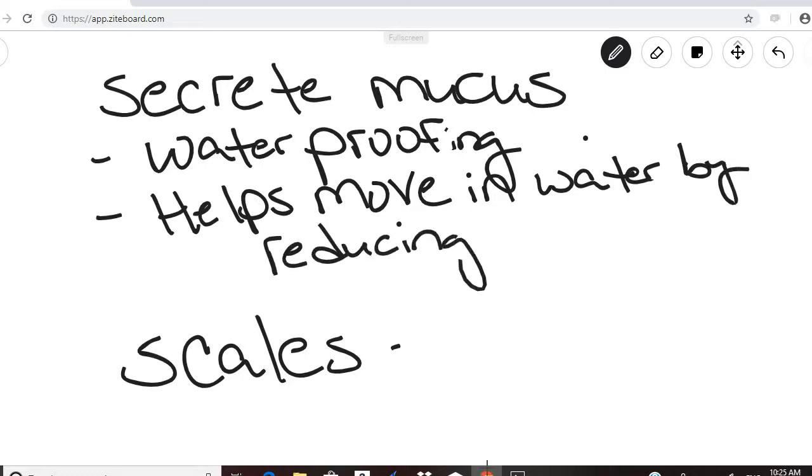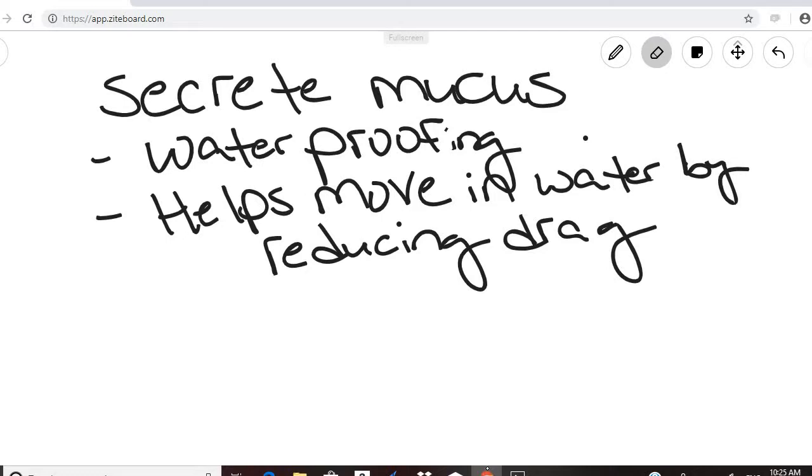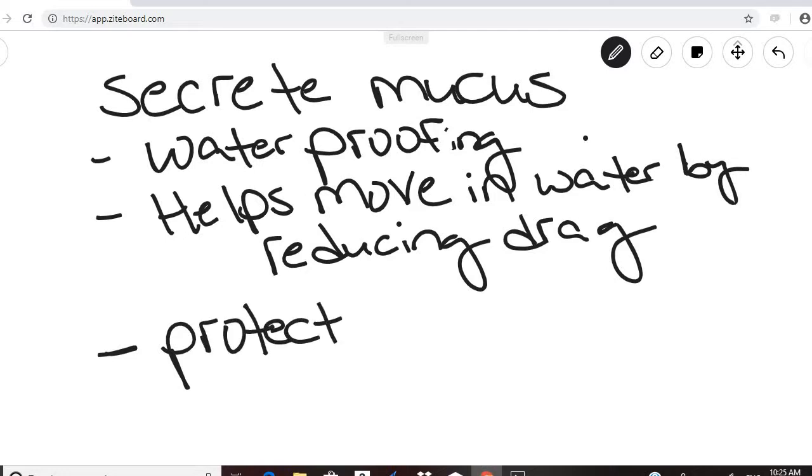And the other thing that the mucus does is that there are sometimes parasites that will try to live on a fish, and that layer of mucus can help to protect them from parasites. So that mucus is secreted.